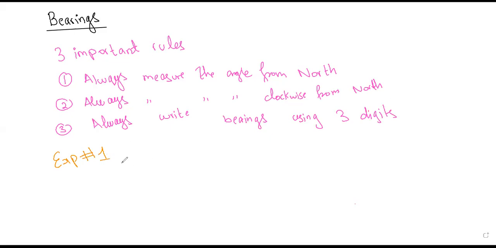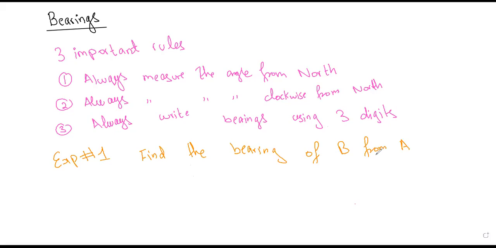So the question type is going to be: find the bearing of B from A. Now I'll tell you, please pay attention. Now we are going to start formally. Okay. Example number 1 says, find the bearing of B from A.